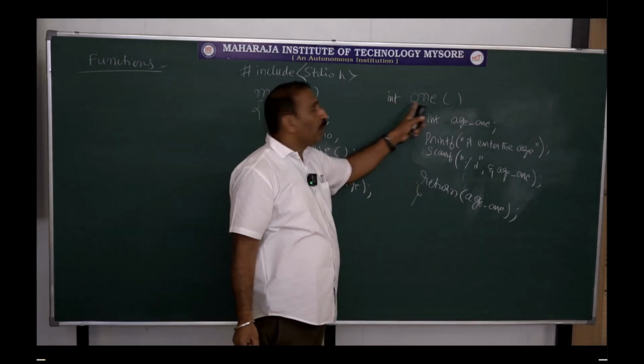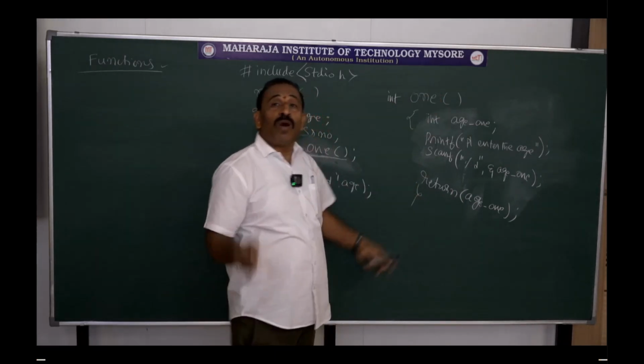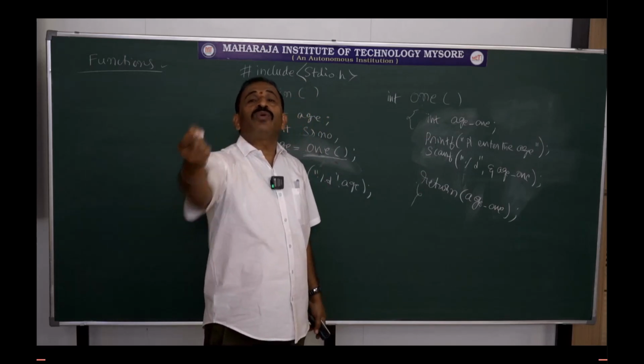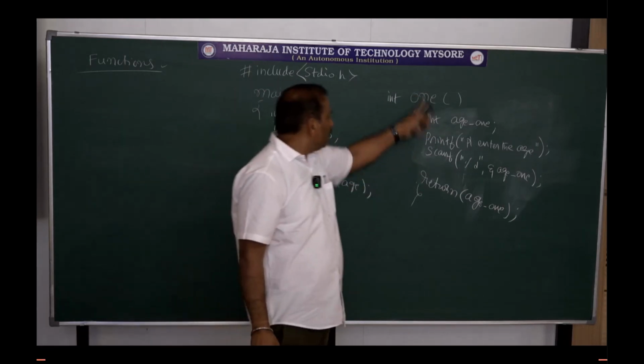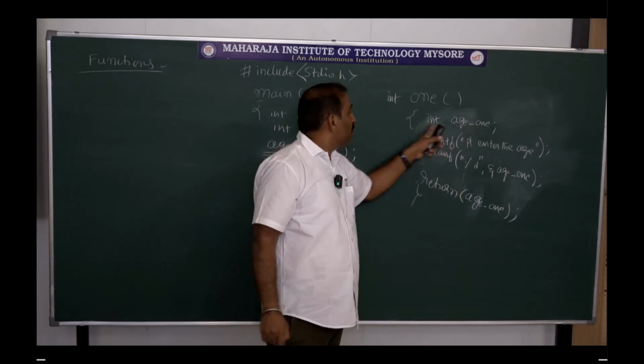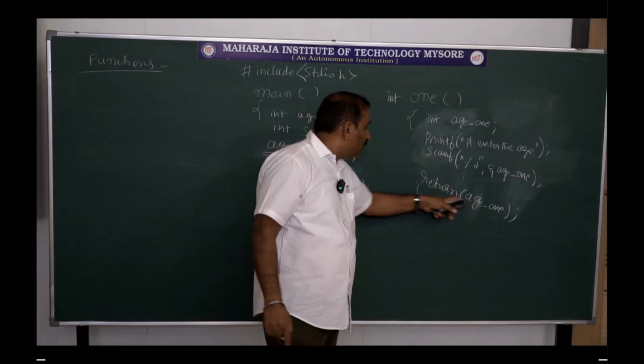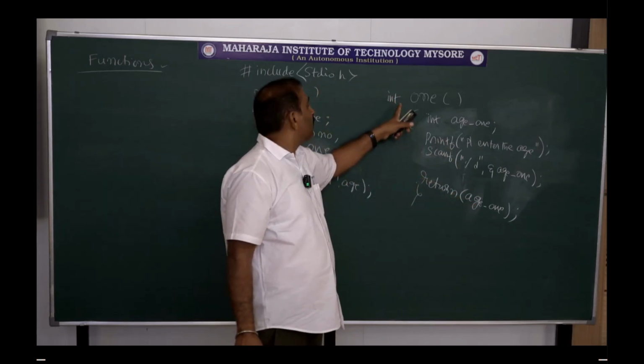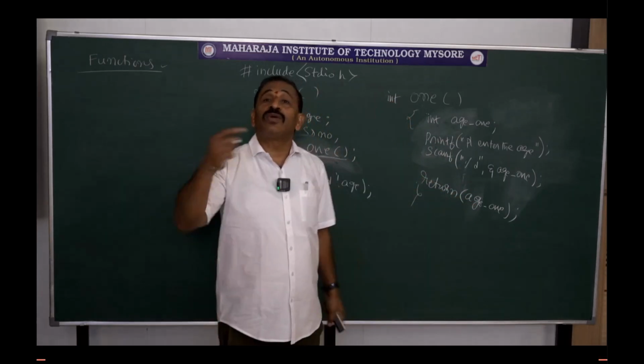So int 1, you have to write like this. What sort of value is it returning? It is returning an integer, age_1, which is of type integer. That is why it is returning an integer. You have to write like this.